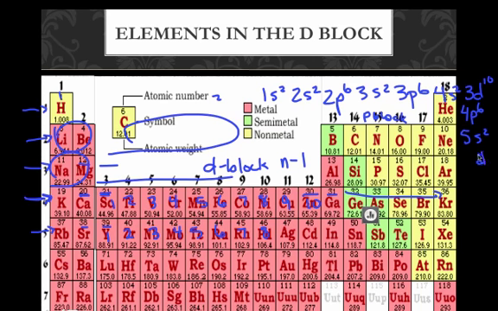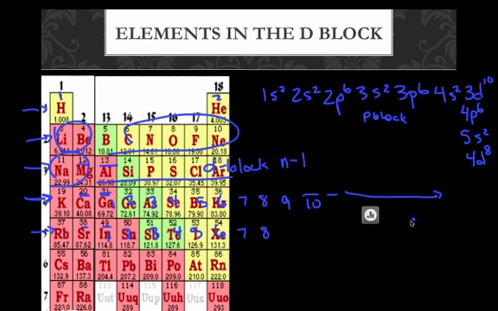Remember, the D block is n-1, so here I had 5. Now I need 4d, comes after 5s. And that's going to be 8 electrons, because it takes 8 steps to get to palladium.